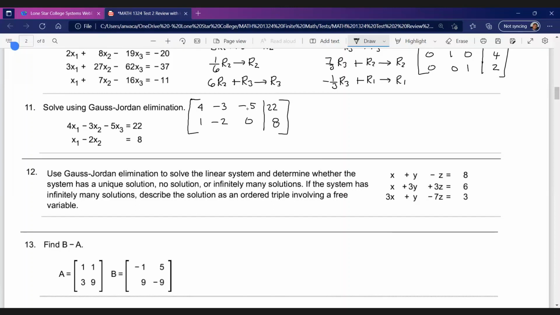If it says to solve by Gauss-Jordan elimination, we need to have a matrix in row reduced echelon form. So a 1 in the first column, a 0 right underneath it, a 1 in the second row, second column with a 0 right above it. And then here, I'm just going to call it maybe some number A, some number B, whatever that turns out to be.